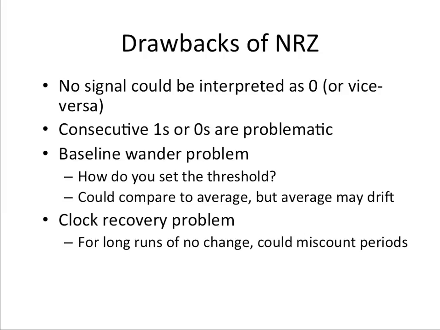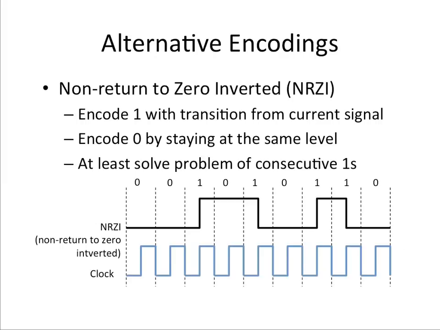All right. Is that the only way to encode information? No, there are other ways. For example, we could do non-return to 0 inverted. Encode 1 with a transition from the current signal and encode 0 by staying at the same level. For example, if we want to transmit 1, and the previous transmission was 0, then we transition to 1.